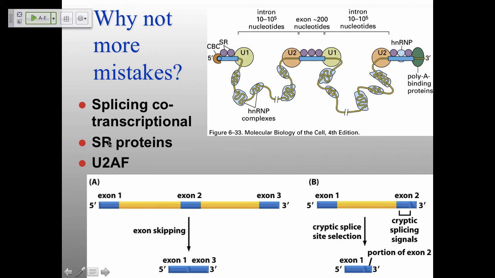So SR proteins bind to exons, and other proteins bind to your introns. Again, this is not my decision in terms of how we use a name. These are hnRNPs, so ribonucleoproteins, nuclear, and H just stands for heterogeneous, so a whole mixture of different proteins that are going to be binding to your introns.